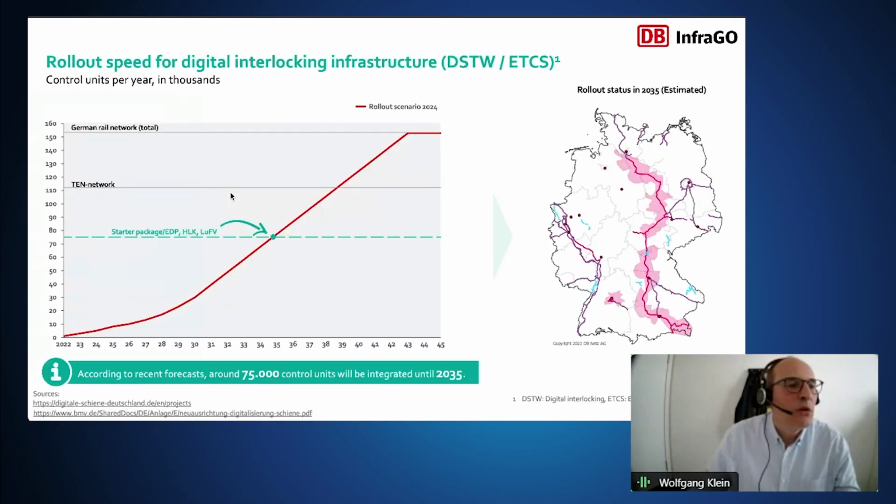Okay, so if you look at our rollout, because we are still in the beginning phase, we are somewhere here below 10,000 elements, which are directly connected with our new digital interlocking systems.